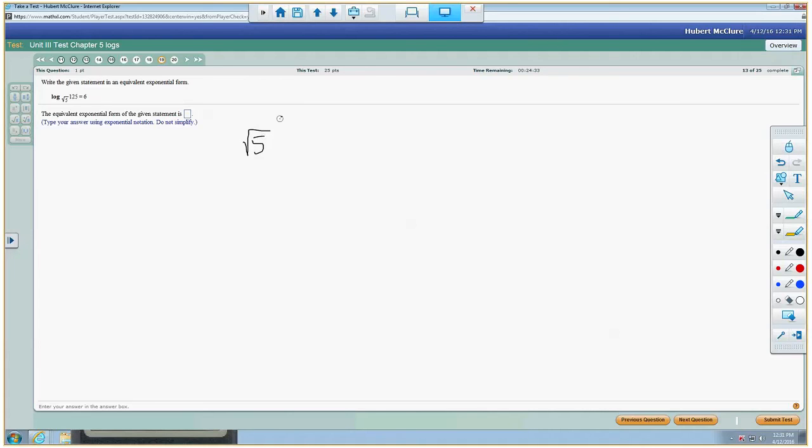To the y is equal to 125. I think that's what they want. So check it right quick. Take the square root of 5 in your calculator and raise it to the 6th power. What do you get? So that's it. They just want you to write this. This is the answer.